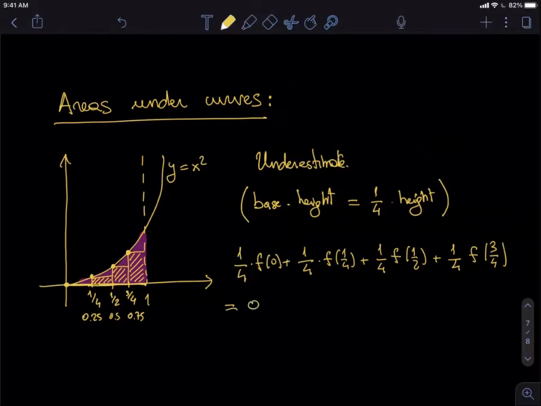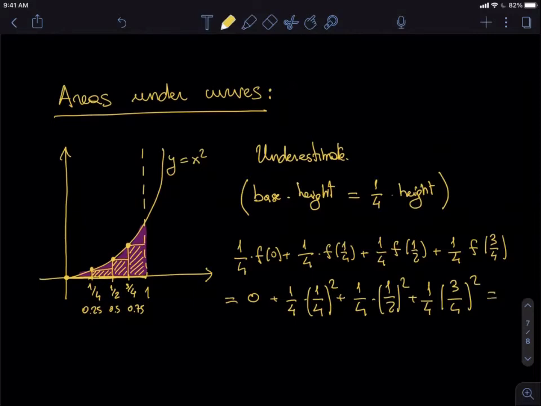So this is 0 plus 1/4 times 1/4 squared plus 1/4 times 1/2 squared plus 1/4 times 3/4 squared. And then here we need to use the calculator, okay? But we get 7 divided by 32. You can use the calculator to get the decimal expression for this.